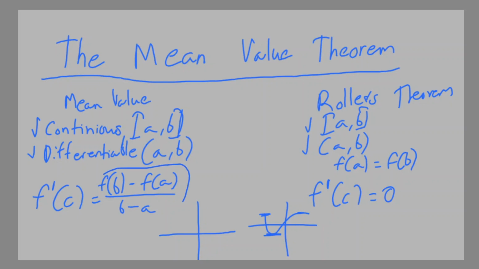If you recognize this as a slope formula, there must be a c value where, when you plug in the b and a values, it gives you the slope at one of the c values within that interval. So by that, the mean value theorem would be true.